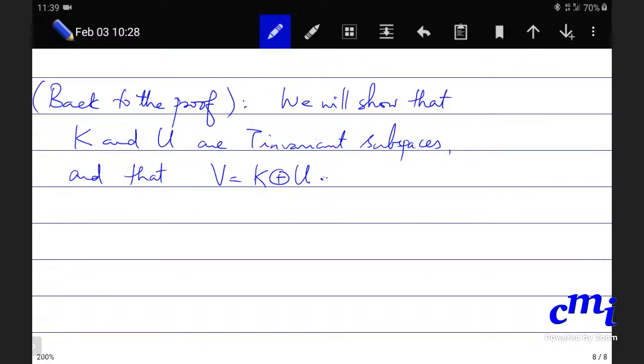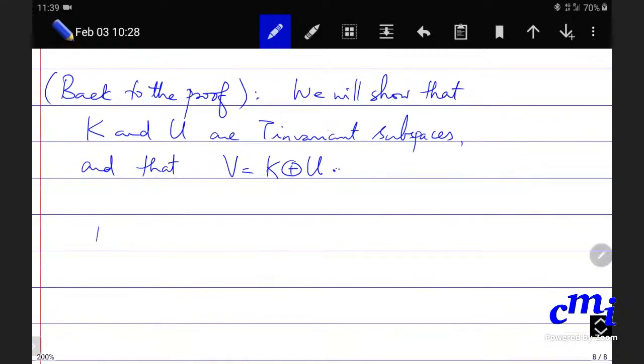Okay? So suppose v is inside K. What does this mean? This means that for all sufficiently large i, v is in the kernel of T to the i. Okay?